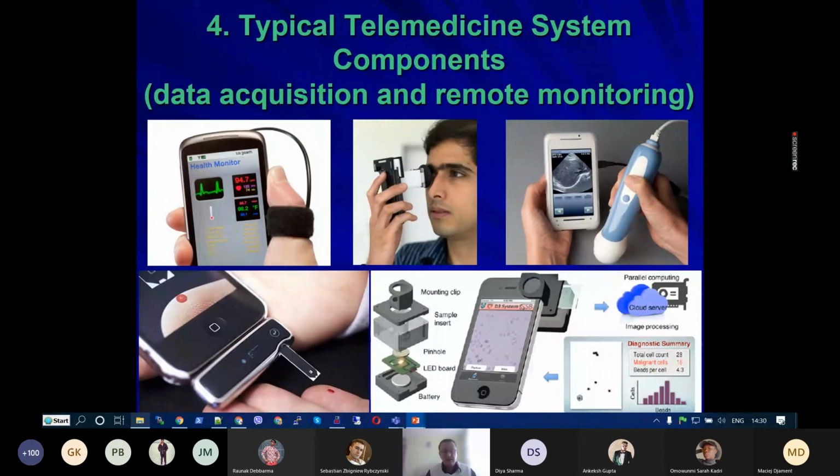As I already said, small mobile phones, smartphones play an important role now in telemedical activities, and lots of various accessories are already available which turn a smartphone into the most common things.